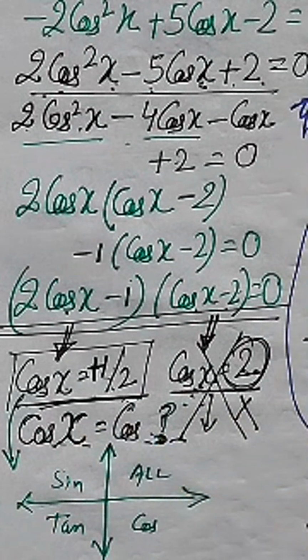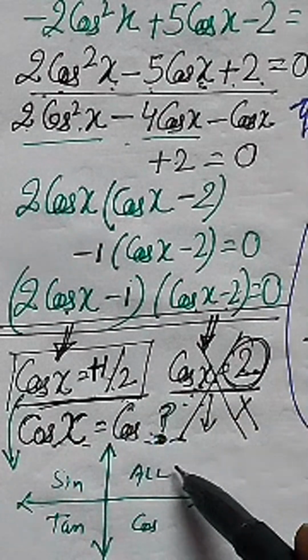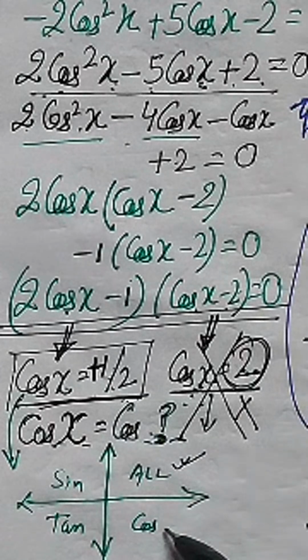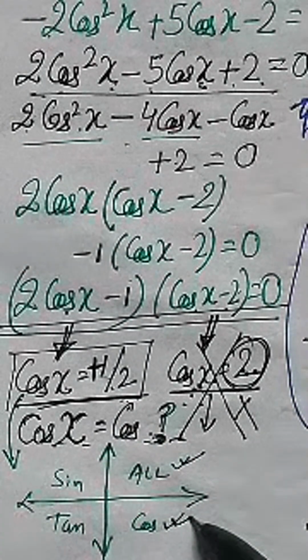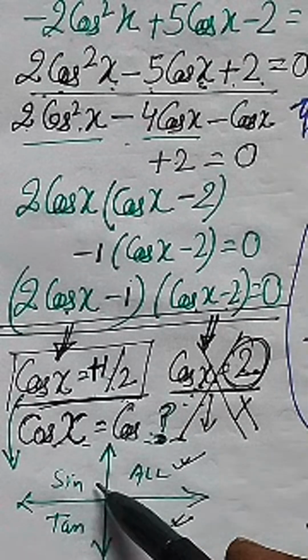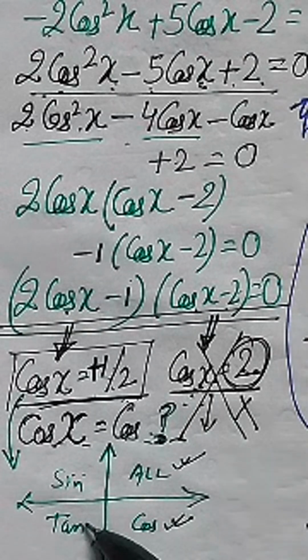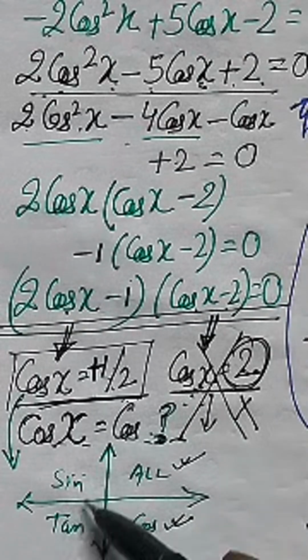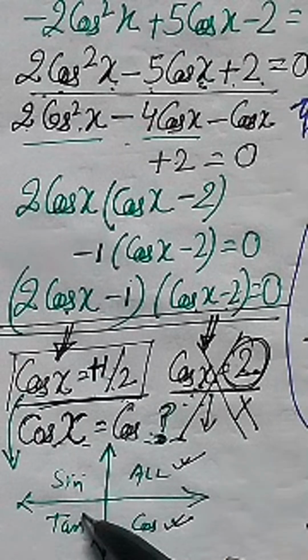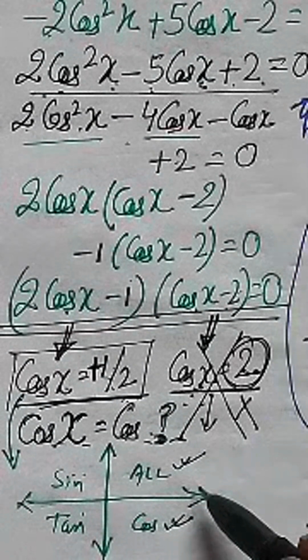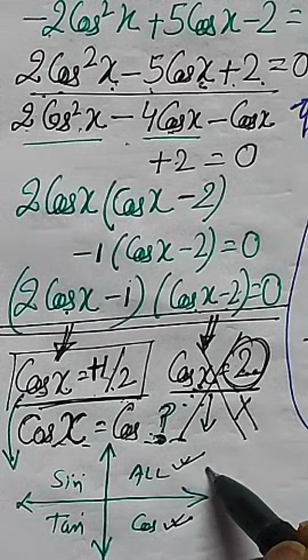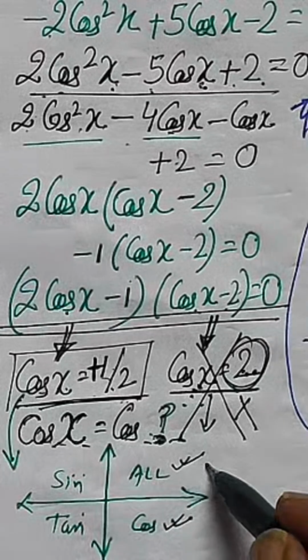So it happens either in the first quadrant or the fourth quadrant. Why? Because if cos is lying in the second and third quadrant, the value of cos will be negative, right? So that's why only two quadrants are possible for our equation.